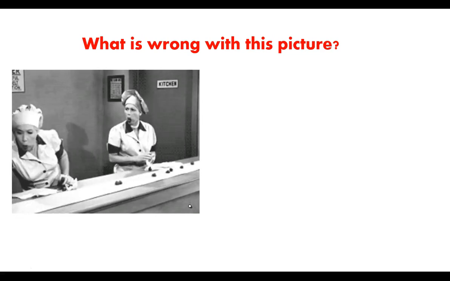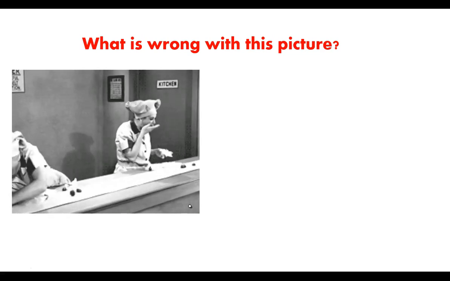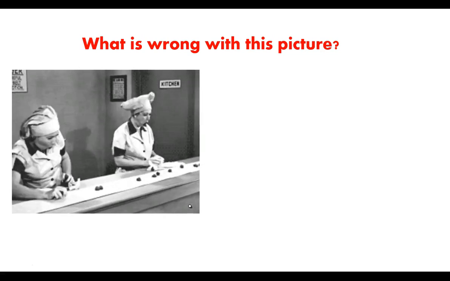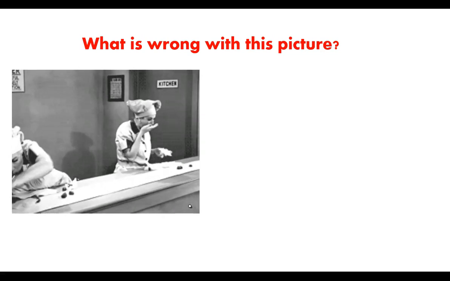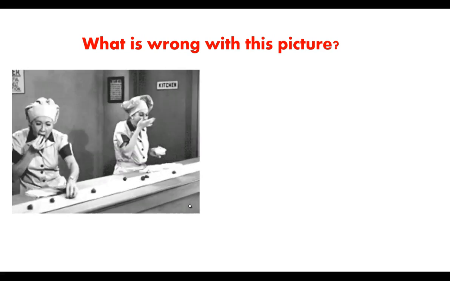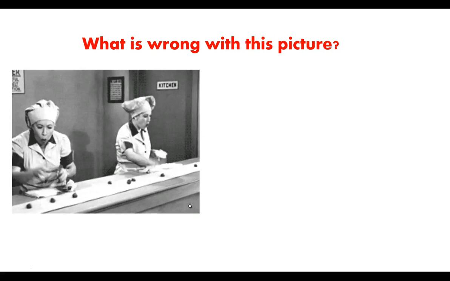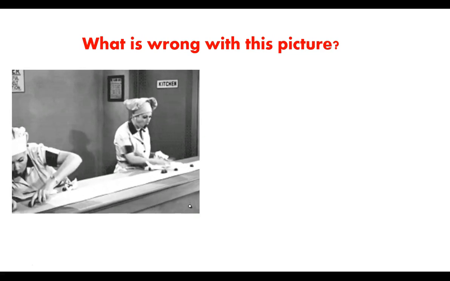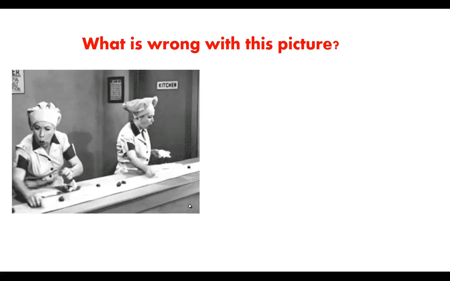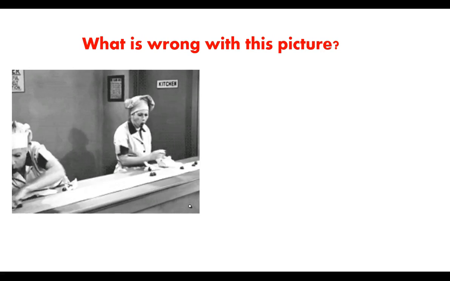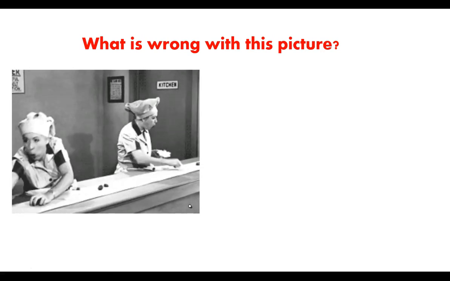One of the first things you notice is Lucy and Ethel aren't really in control of this line. Everything coming towards them is coming at an outside pace, causing them to go faster than they really wanted. They're clearly not being very careful. They're supposed to be wrapping candy one piece at a time, and instead they're losing all sorts of inventory.